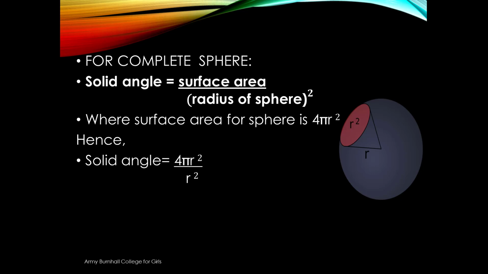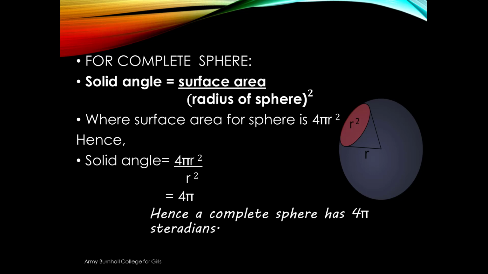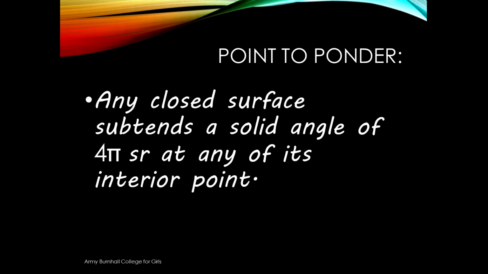This r square is cancelled with r square. We will get solid angle is equal to 4 pi. So for a complete sphere we are having 4 pi steradians. You can recall that for a complete circle we are having 2 pi radians, and for a complete sphere we are having 4 pi steradians by using the formula of plane angle and solid angle.